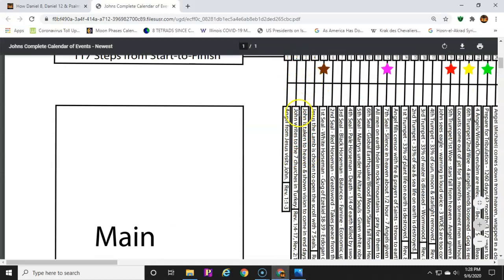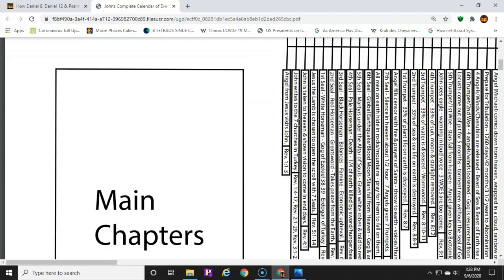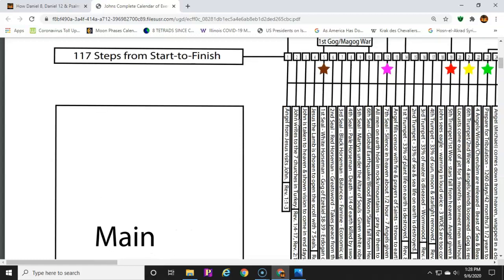In step 2, he's told to write these 7 letters to these 7 churches about what their shortcomings are and what they need to work on in the future to modify their behavior to get their rewards. These also allude to all the churches, not just the 7 churches in Asia Minor or Turkey.